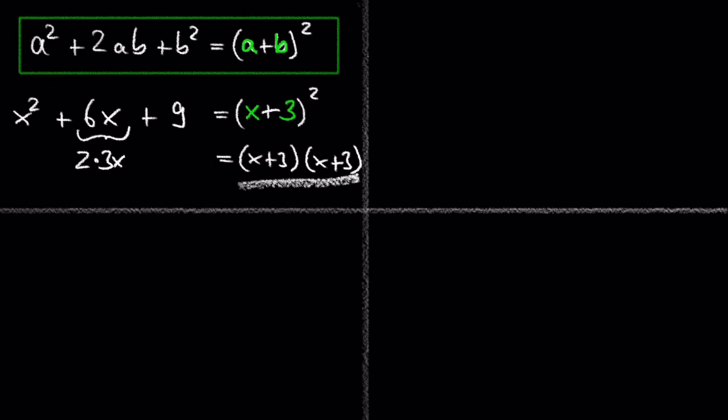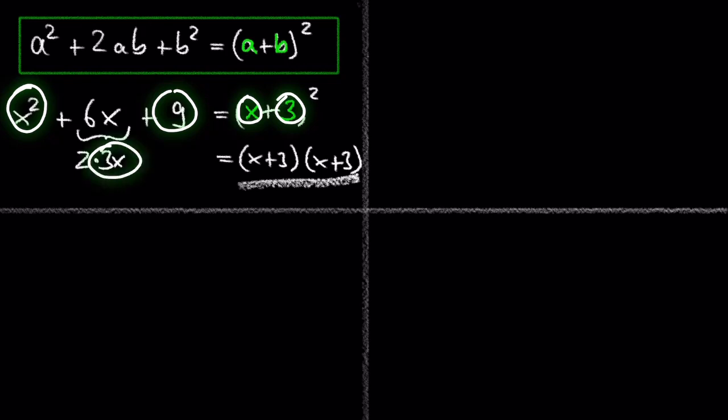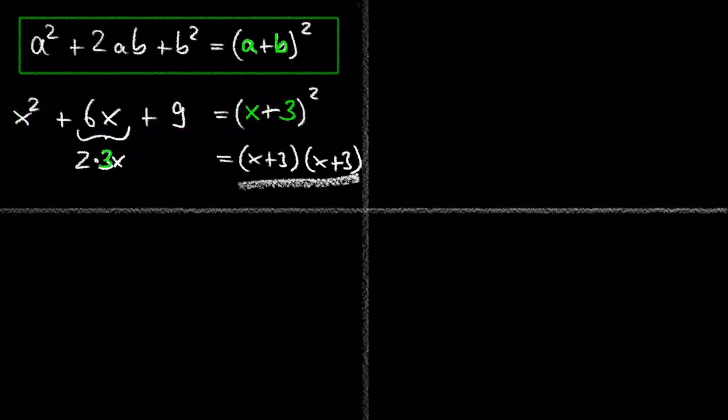First, take the square root of a squared and b squared to get a and b. The middle term is twice ab. So if ab is the half of the middle term, then we have a perfect square trinomial.